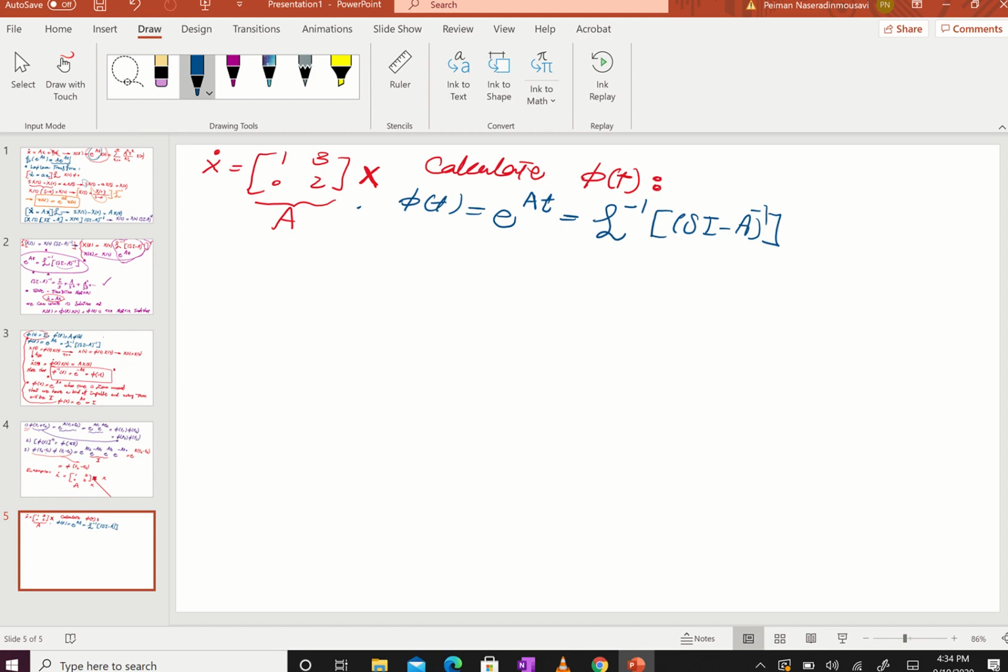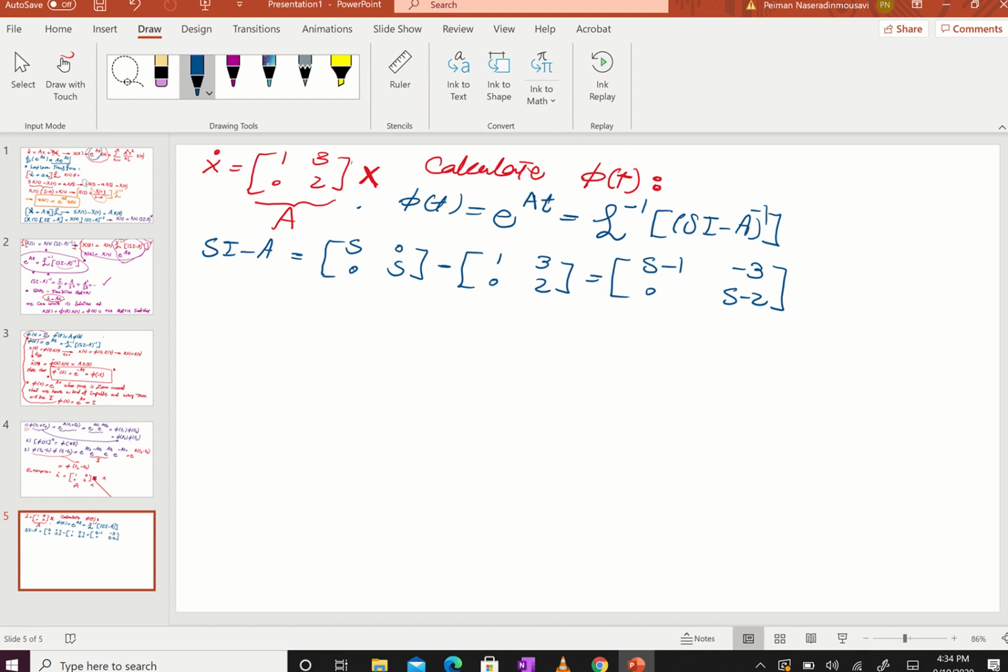So we have to calculate all of them one by one. sI minus A is s multiplied by the identity matrix, a 2 by 2 because it is a second order system, [0, 0; 0, 0]... that is, s times I minus matrix A, which is [1, 3; 0, 2]. What you get is [s minus 1, minus 3; 0, s minus 2].